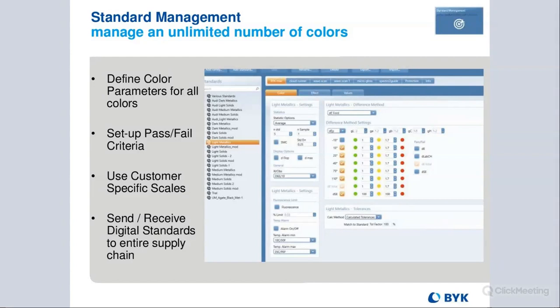So some customers only want to pass-fail, say, on the color. Others want to pass-fail on color and sparkle and graininess, and some just want to pass-fail on everything. We have specific scales for many, many different customers already set up with their pass-fail requirements in SmartChart. And then, like I said before, you can send and receive these digital standards for your entire supply chain.